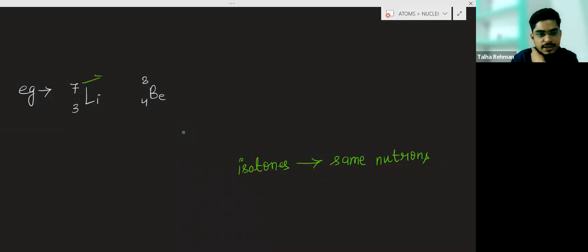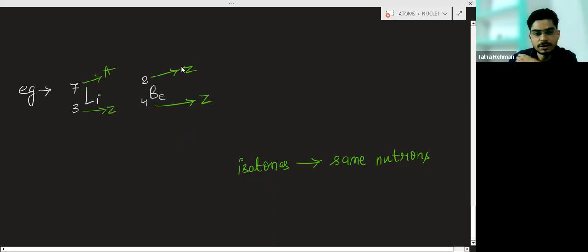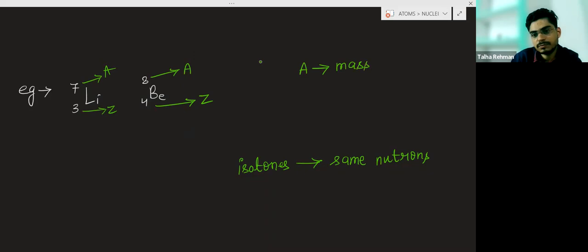This is the mass number of lithium. This is the atomic number of lithium. This is the mass number of beryllium. This is the atomic number of beryllium. This is A, known as the mass number, and Z is known as the atomic number.